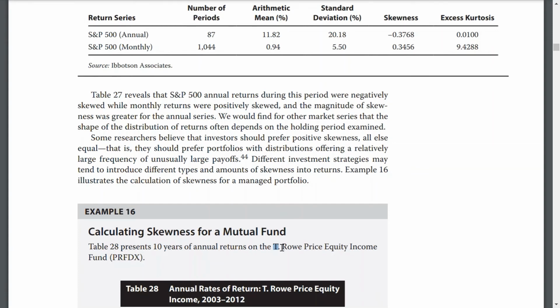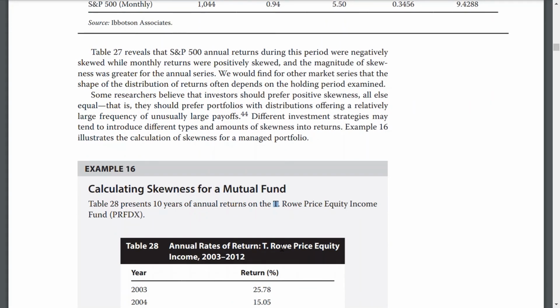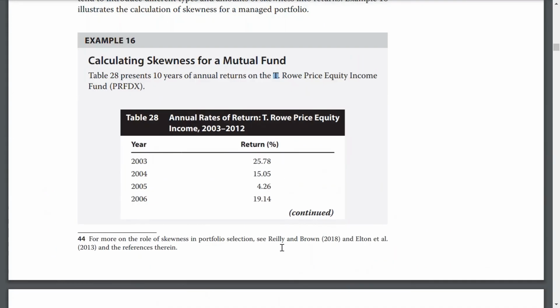Example 16 illustrates the calculation of skewness for a managed portfolio. Example 16, calculating skewness for a mutual fund. Table 28 presents 10 years of annual returns on T. Rowe Price Equity Income Fund, the year and the percentage returns.